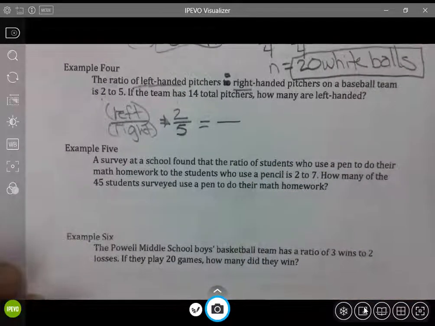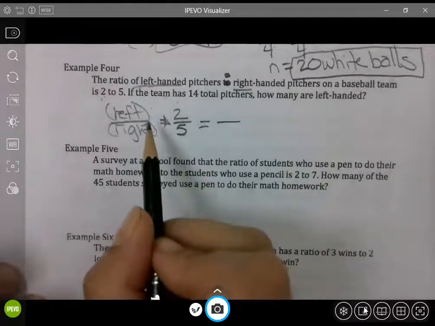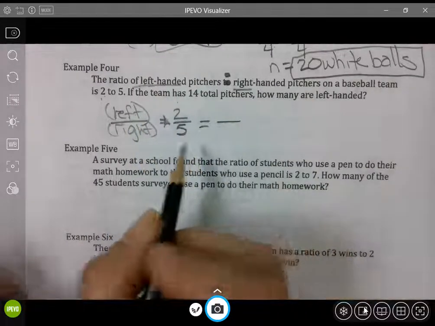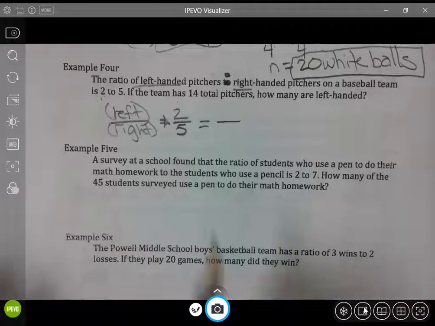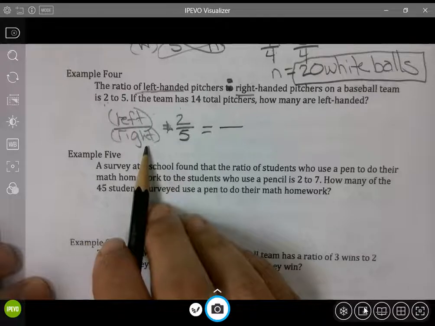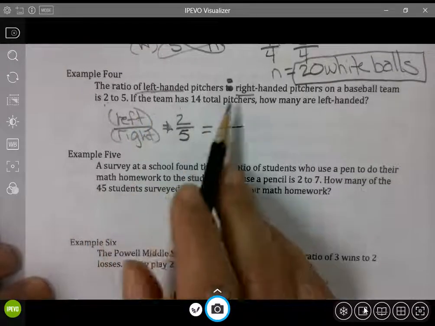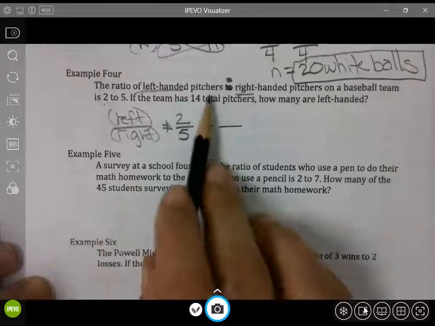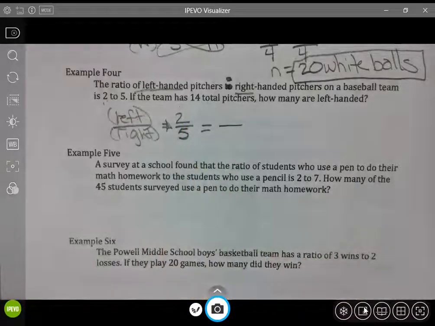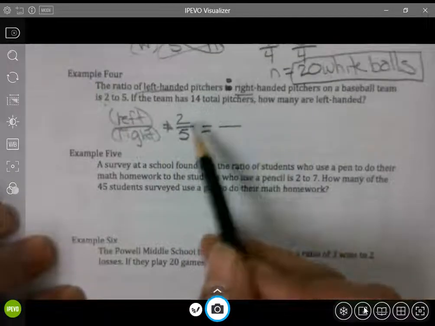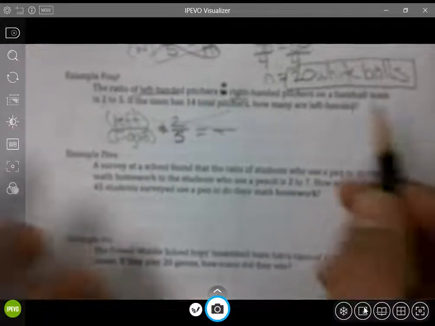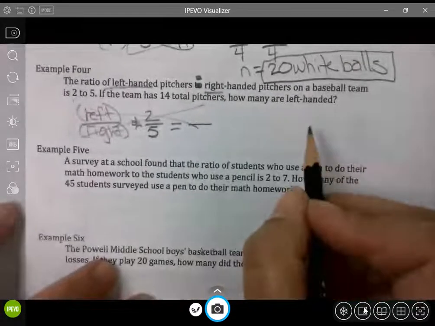Okay, so now I have this listed as left to right. So we have to think about, okay, well, since it says total, this isn't the total. This is left and right. I cannot put 14 down there. So I know that this ratio is not going to work. So I'm going to cross it off.